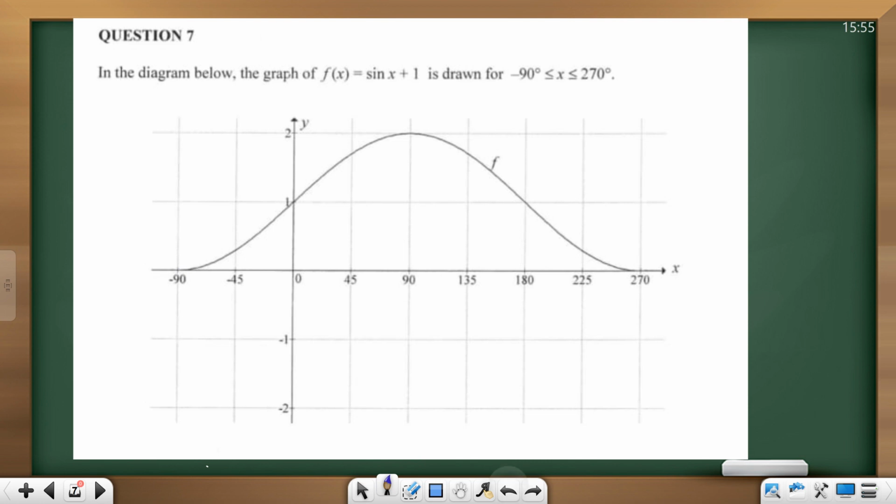What is negative 90? Negative 45? 0? 45? 90? 135? 180? 225? 270?